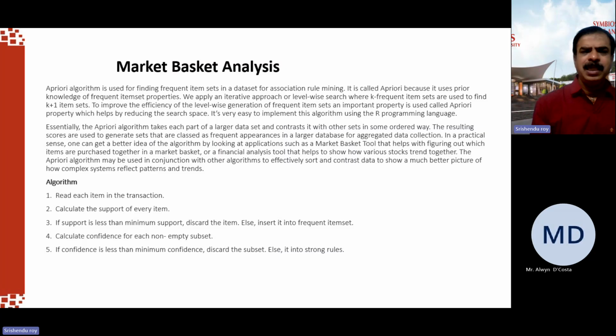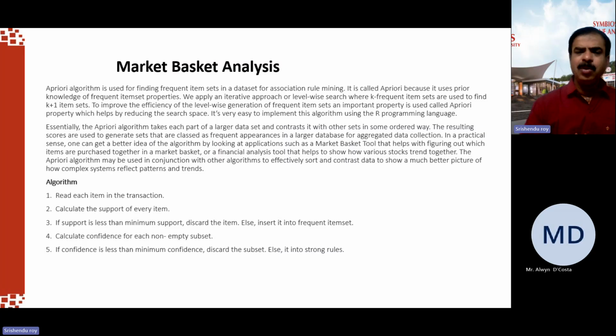So what is the algorithm? Read each item in each transaction and calculate the support for every item. If support is less than the minimum support, discard that item; else insert the frequent items. Calculate the confidence for each non-empty subset, and if the confidence is less than the minimum confidence, discard that subset; else store it as a rule.